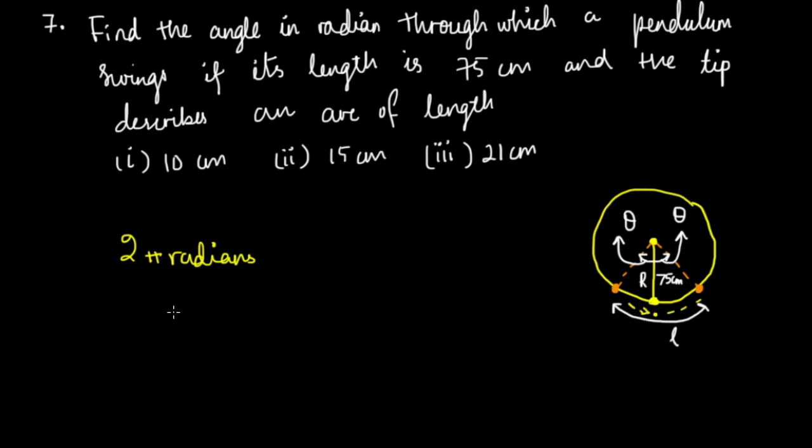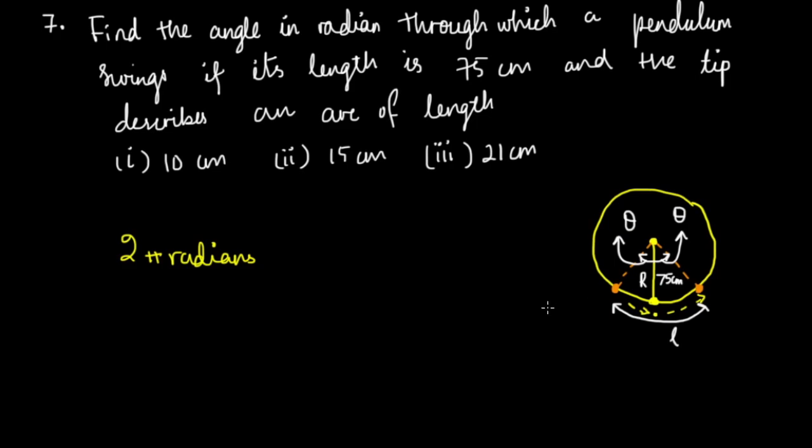But it's not actually doing that. What it's doing is swinging, so it'll swing some, let's say L by 2 on this side, and come back to this side. It'll swing back and forth. So that is the total length L, and then we want to find what the angle subtended is.